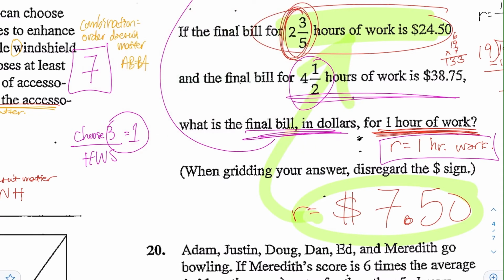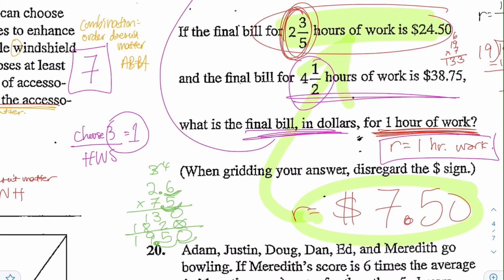So that means that for 2 3/5 hours of work, or 2.6 hours, each hour is going to cost you $7.50. So you're going to multiply this by 7.5. And that will be 182. And then I have to move the decimal point 2 places. So it'll be 19.50.